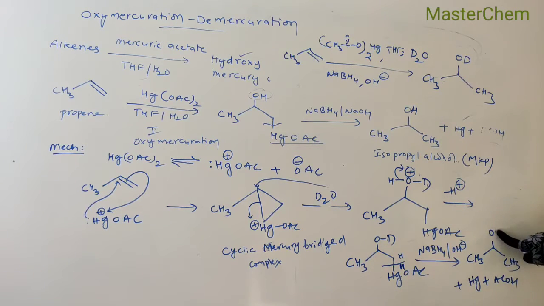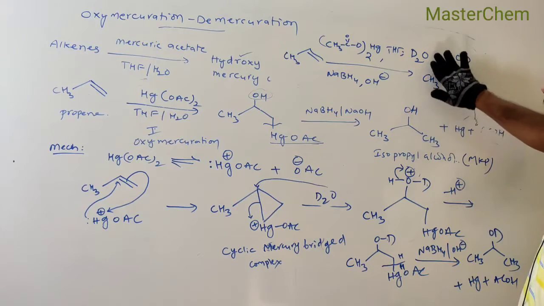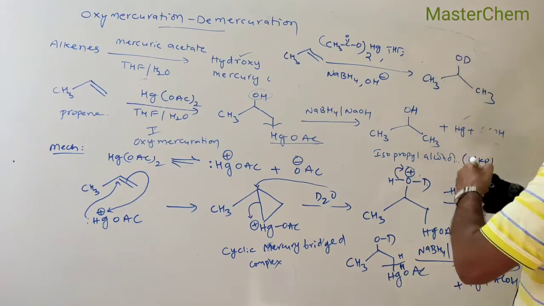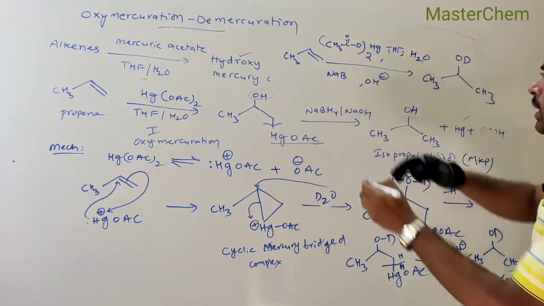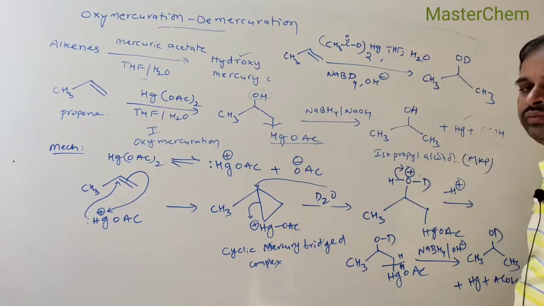So the final product has OD in place of OH. If the reagent is only H2O here, but NaBD4 is given in the reduction step, the product changes accordingly.